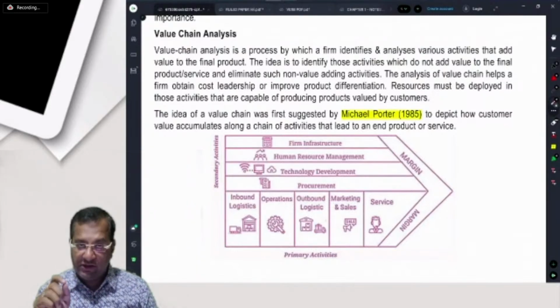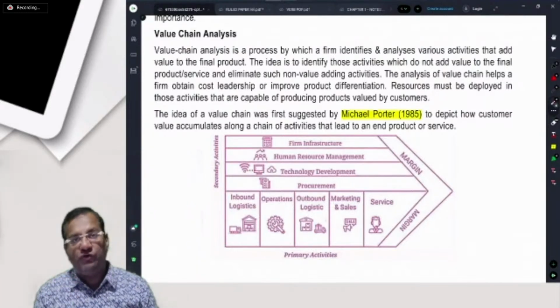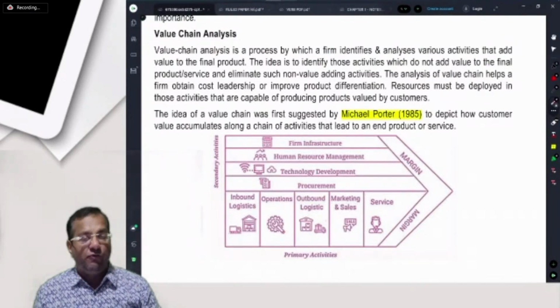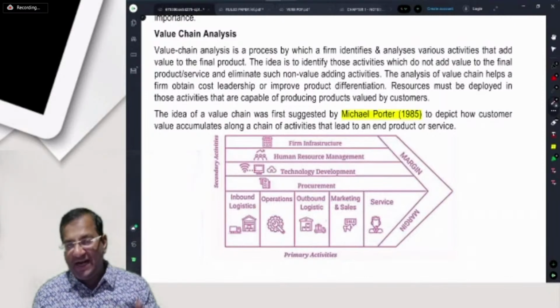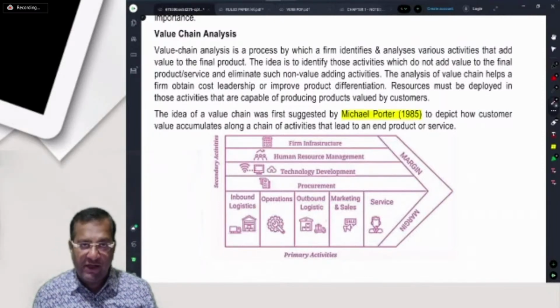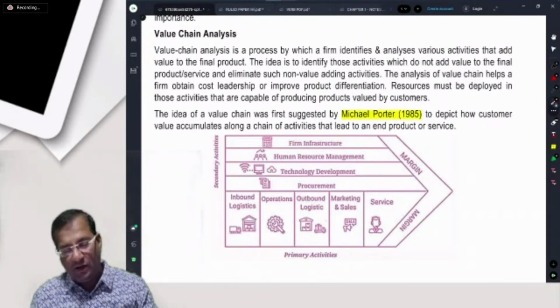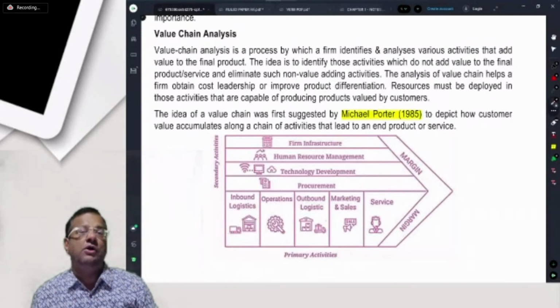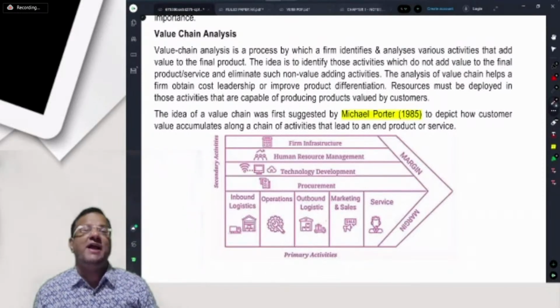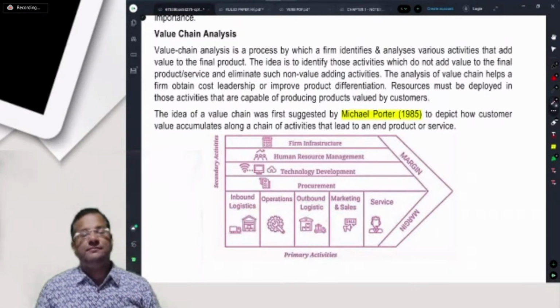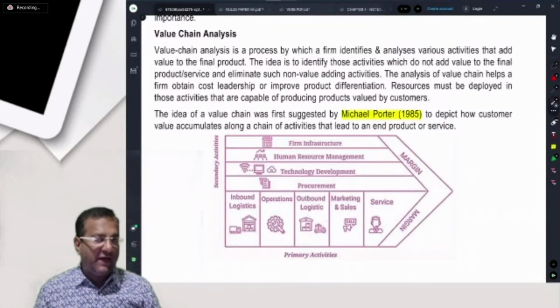Underline this word, the customer, because it's not from the management viewpoint, it's from the viewpoint of the customer. Whether customer value or utility gets reduced if we eliminate such an activity. If the answer is yes, then it is known as value added activity. Okay, beta, drop one line and write down non-value added activity. Write down the meaning.